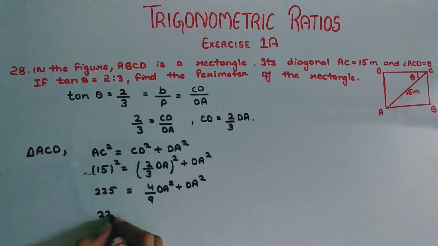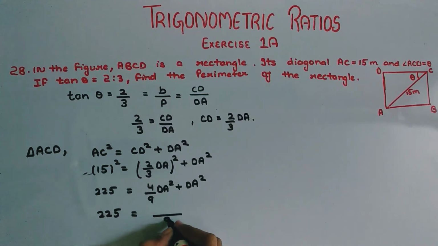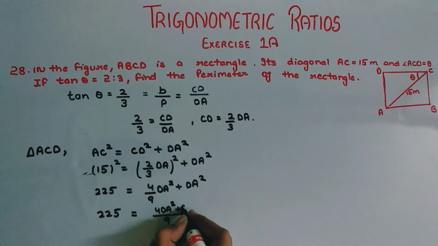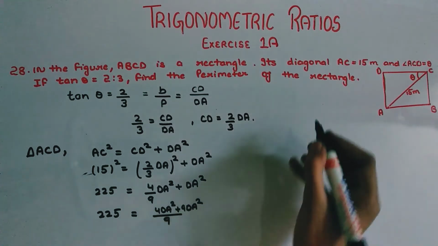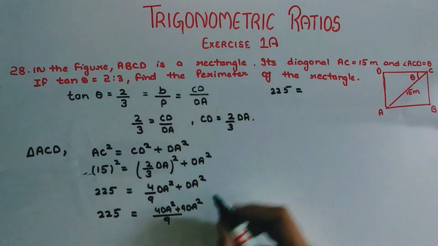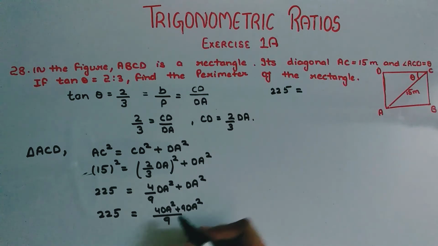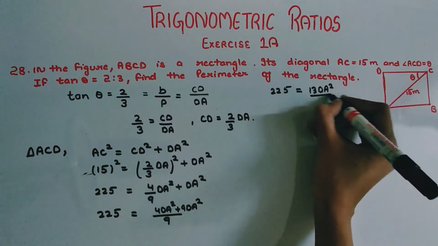This is 225, that is equal to, by taking the LCM 9, we have 4 DA square plus 9 DA square. That is we have 225 is equal to 9 DA square plus 4 DA square, means 13 DA square divided by 9.